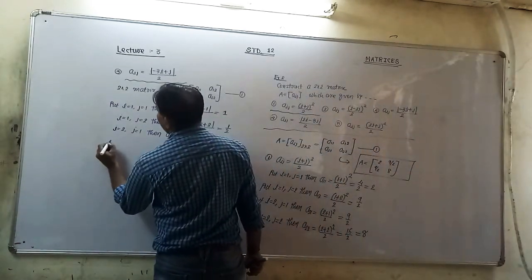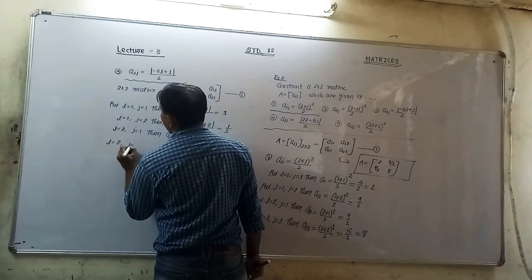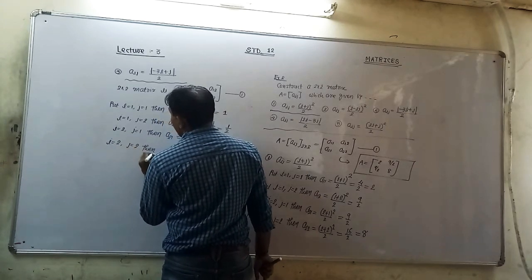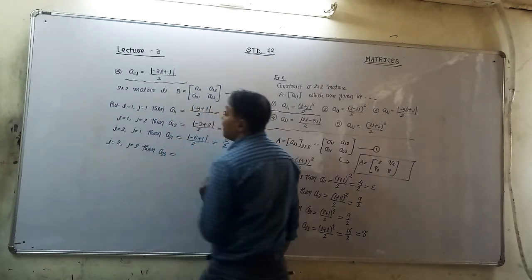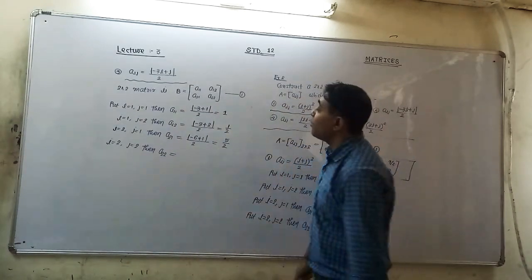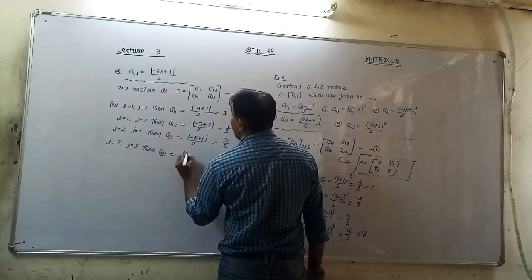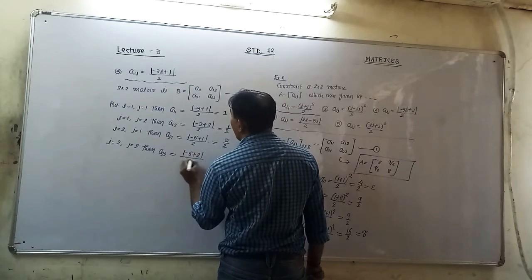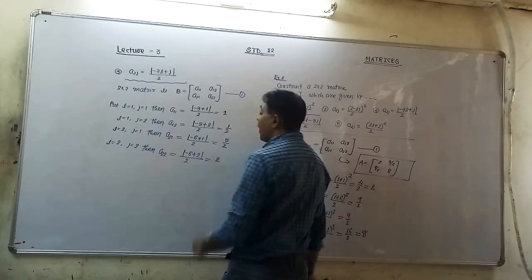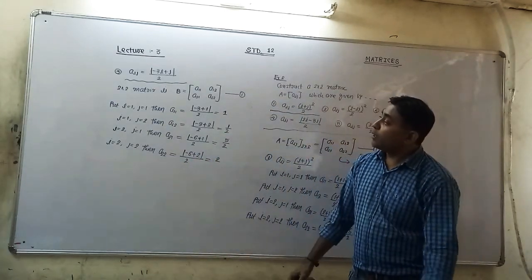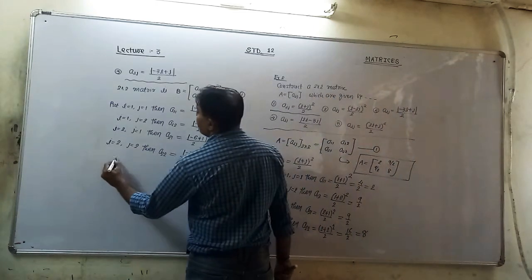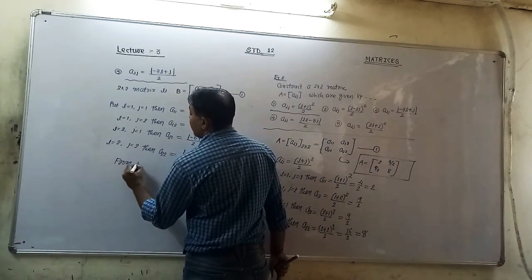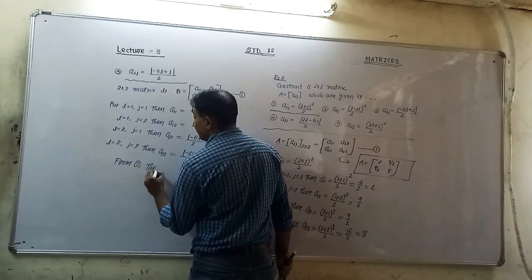And at last i is 2 and j is 2. Then we get the element A22. Put 2, 2 there, then minus 6 plus 2 by 2, minus 4 by 2, and that's why it's 2. And now finally the required matrix.